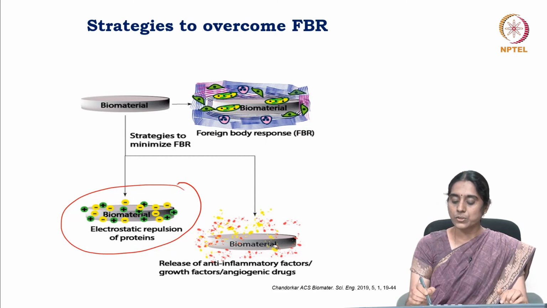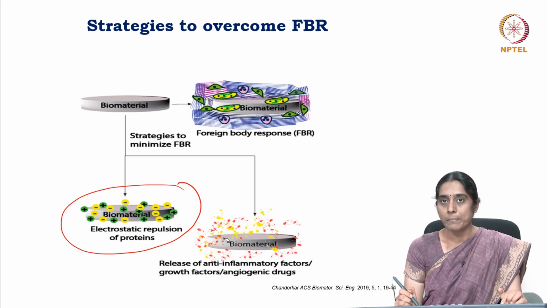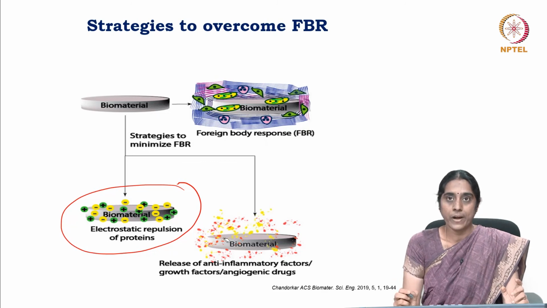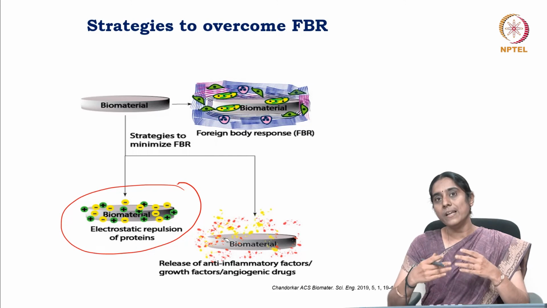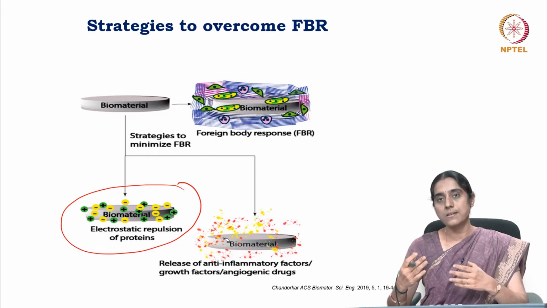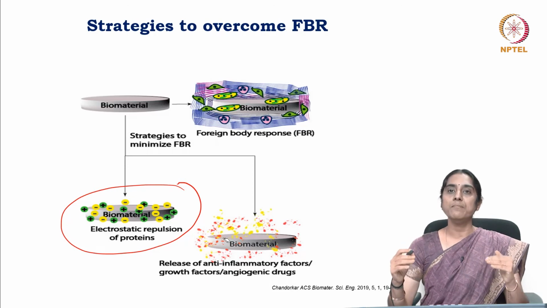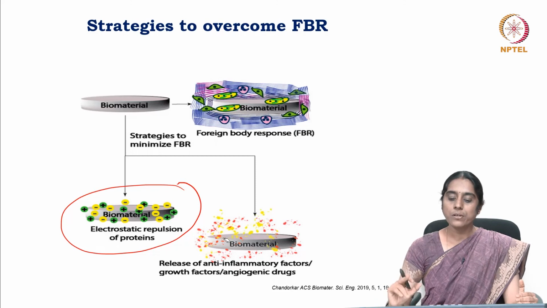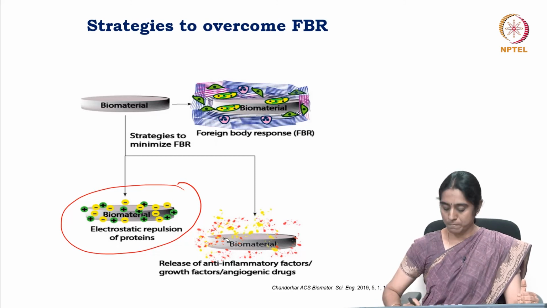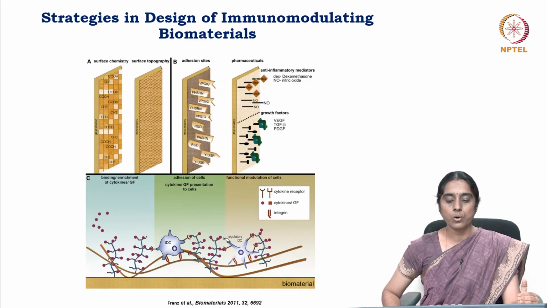Another way is to load the biomaterial with certain factors such as anti-inflammatory factors or growth factors or angiogenic drugs, which will be released, sustainably released, causing minimal immune reaction, which will control the immune cells. So, these are the broad ways by which people are trying to overcome foreign body reaction.